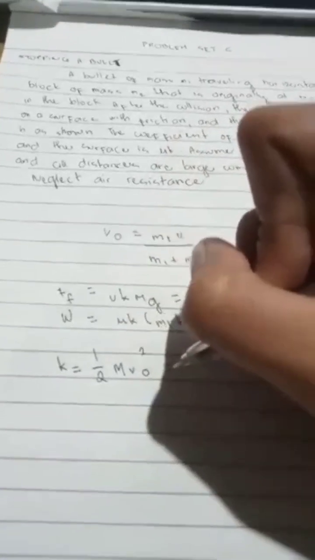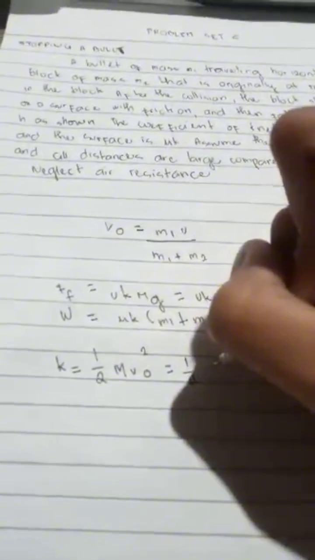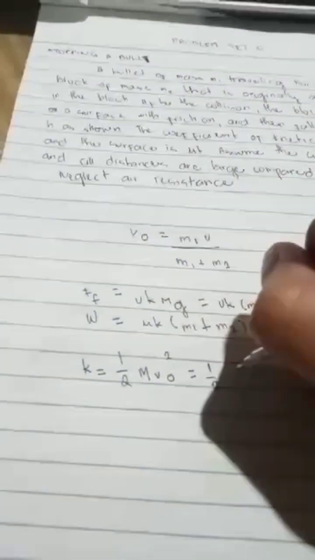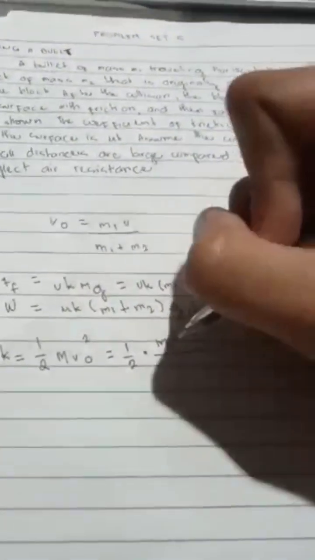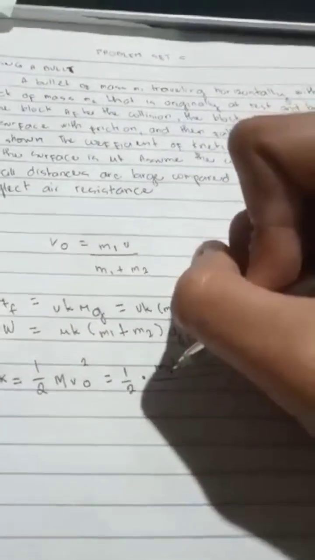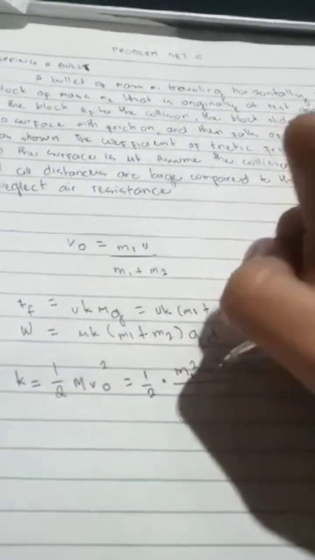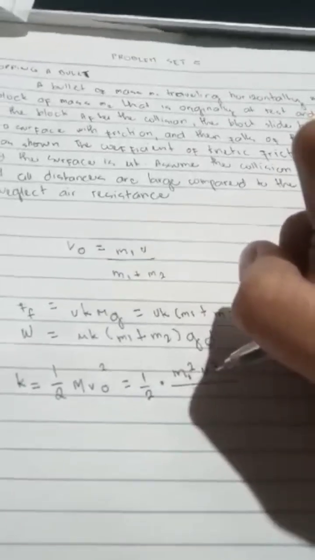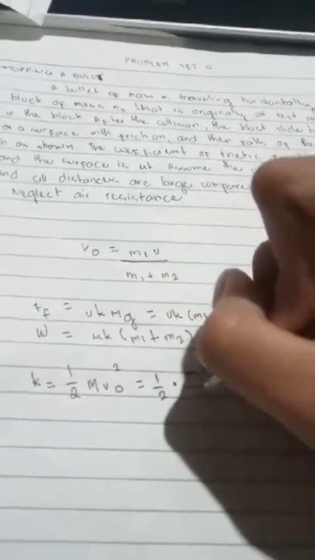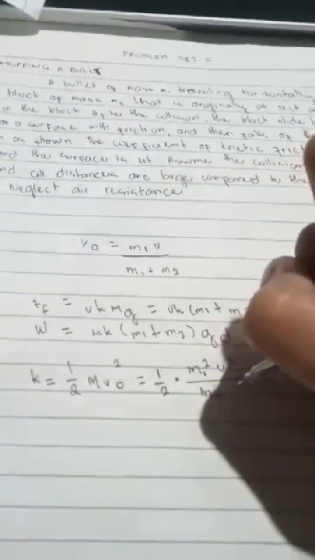This is also equal to 1/2 times the square of the bullet mass multiplied by the square of the initial speed, divided by the sum of the bullet mass and the block mass.